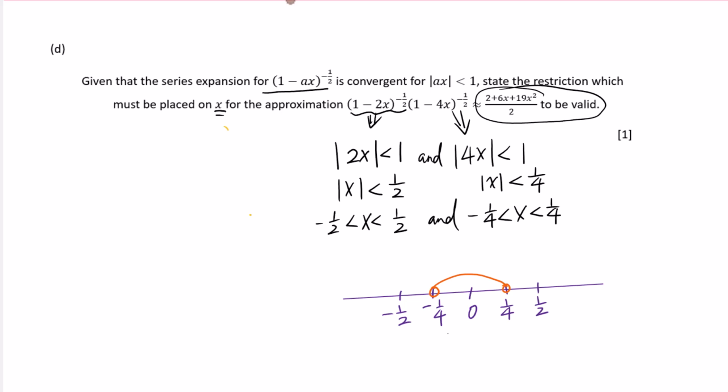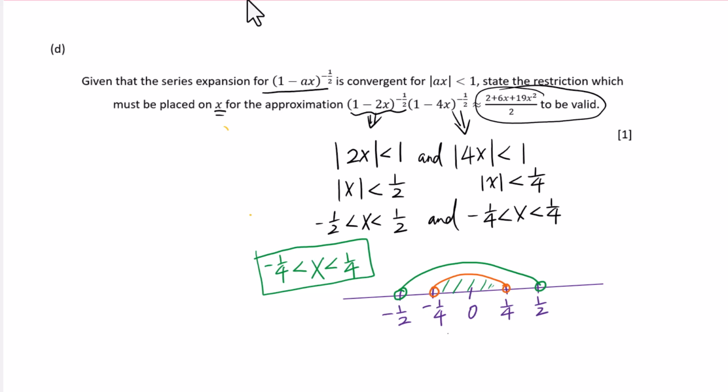From negative 1/2 to positive 1/2. The intersection will be this. So x greater than negative 1 over 4 and less than 1 over 4 is the solution.